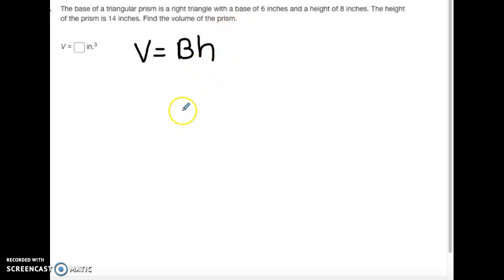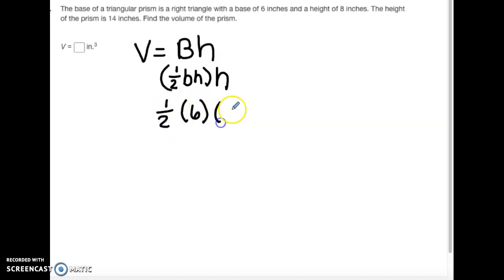This time we have a triangular prism, so the base will be 1/2 base times height, and then times the height of the whole prism, not just the base. So 1/2, it gives us a base of 6, a height of 8, and then the height of the whole prism is 14. When we put that in our calculator, we get 336 inches cubed.